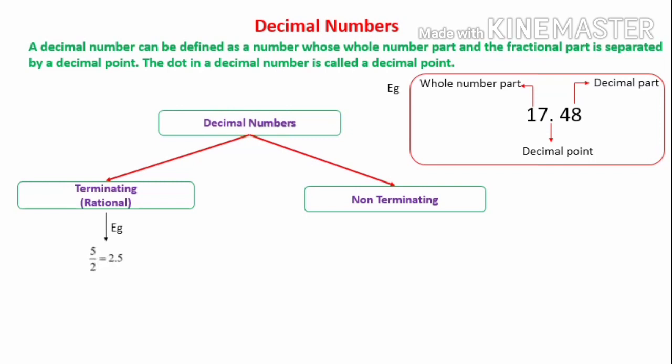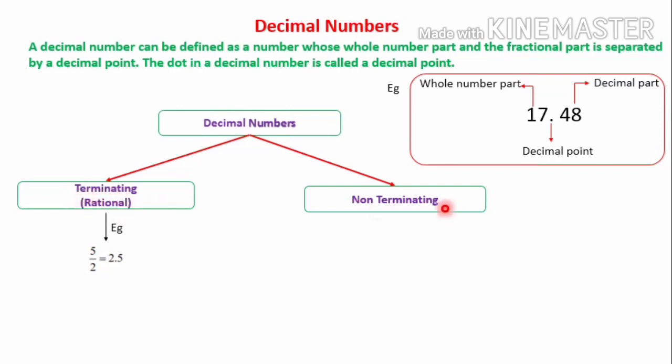Let's take an example: 5 divided by 2 equals 2.5. Here, the decimal expansion ends with 5, which means after 5 there are no other digits. Simply, when you divide 5 by 2, you get the remainder 0. Because of that, the decimal expansion is terminating. And terminating decimal numbers are rational numbers.